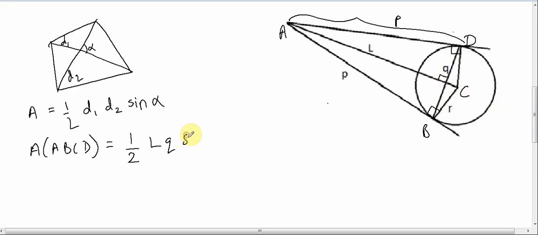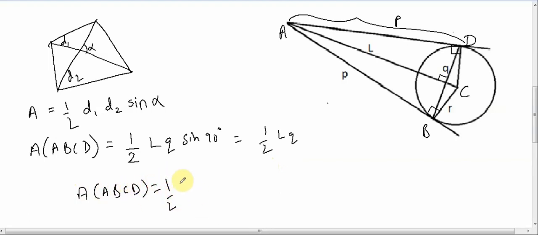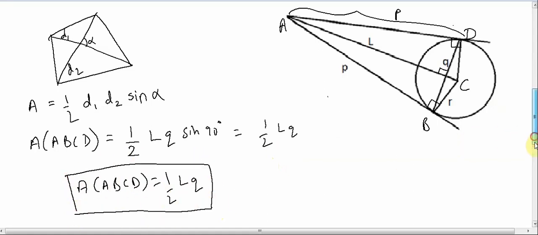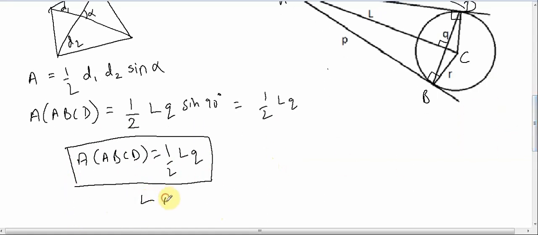So you have sine 90 degrees, and this is equal to half LQ. Sine 90 is 1. Okay, so the area of quadrilateral ABCD is equal to half LQ. Let this equation be called equation 2.